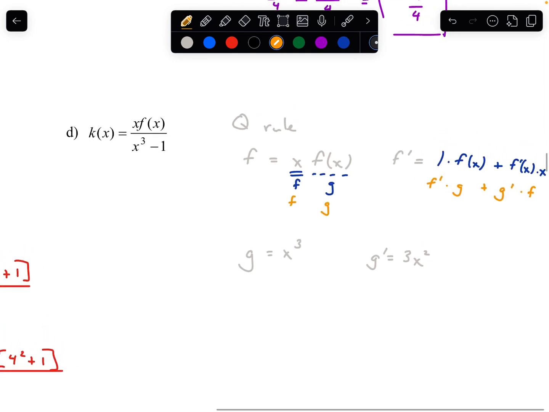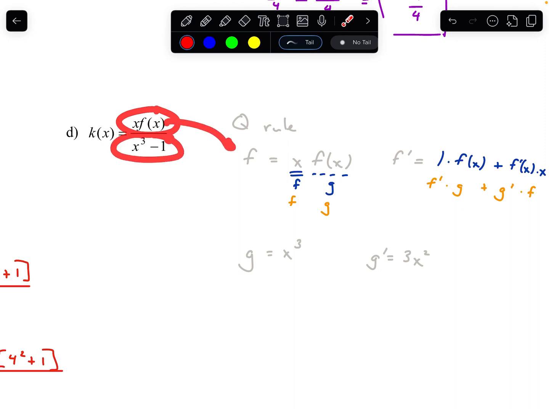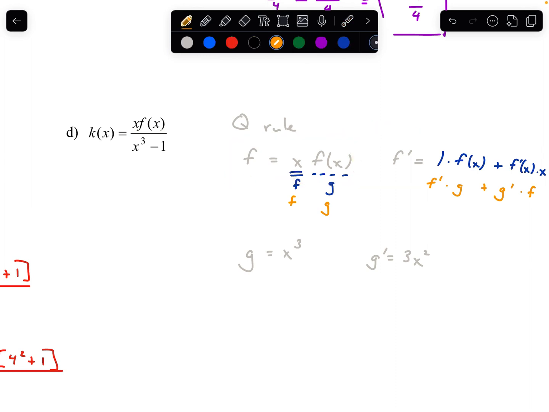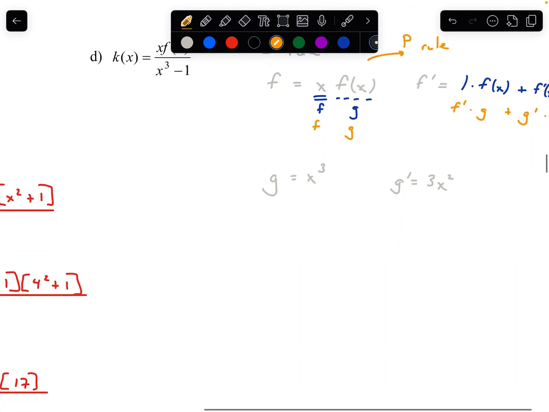So I started this question with quotient rule. There's f, there's g. But to take the derivative of this, I needed product rule. And so your first example of calcception, where one rule hides inside another rule.